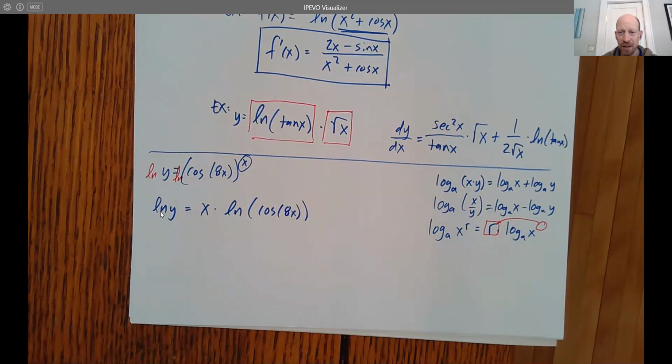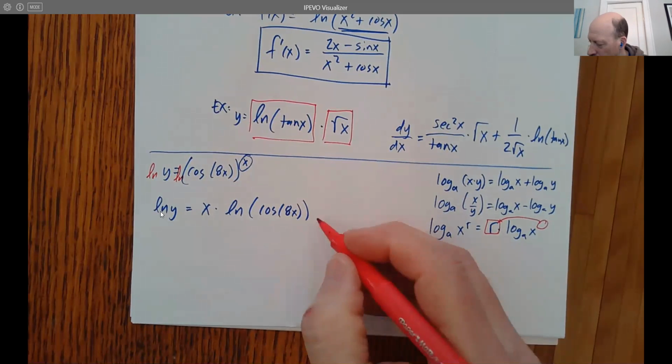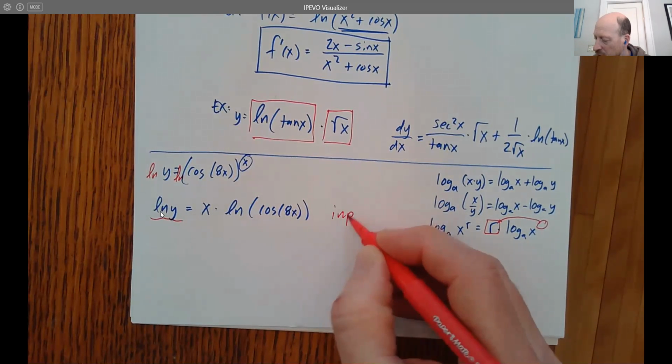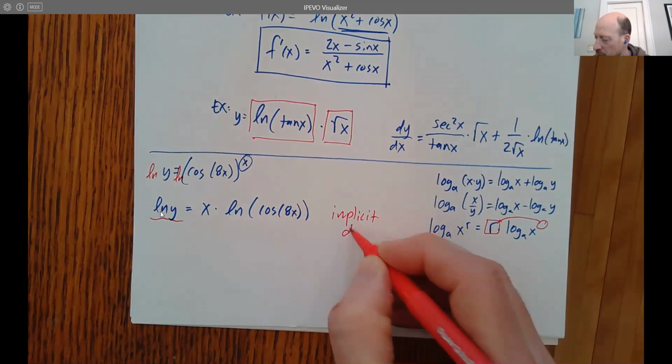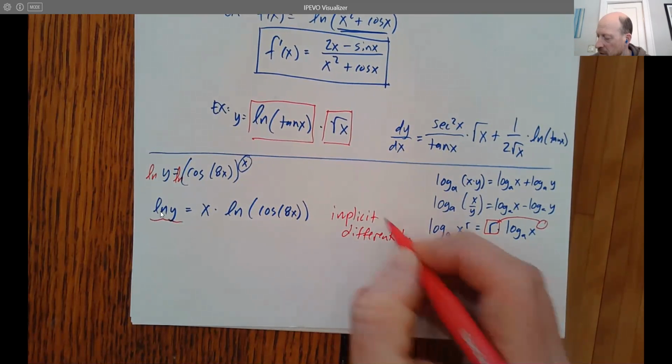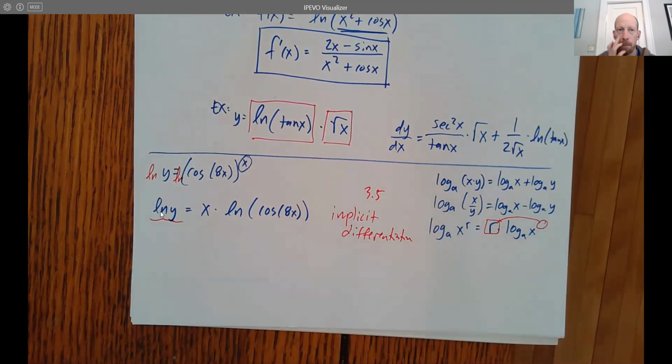Now, in order to take this derivative, we need to use implicit differentiation. And that is section 3.5, implicit differentiation. So this one problem here gives us a lot of opportunities to do a little review.